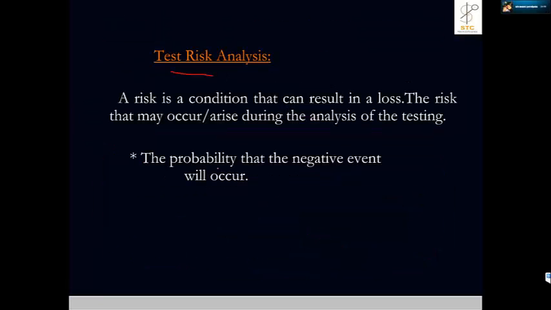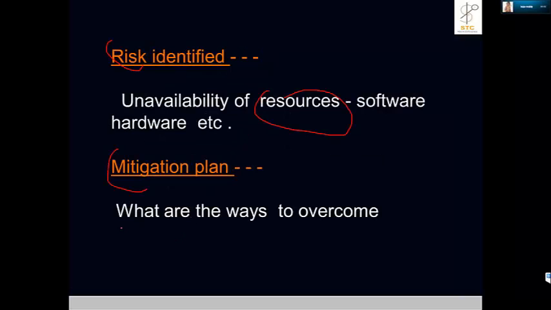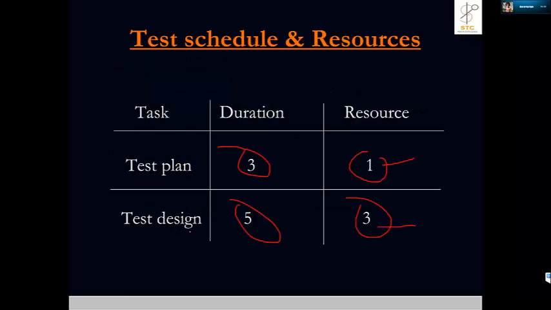Any risks? If you think of any risk in your project, list out all the risks. And if you think of any mitigation plan for that, you can give all the mitigation plans. What is a mitigation plan? When you identify a risk, you will have a way to overcome it, and you can write that over here. It depends from project to project.